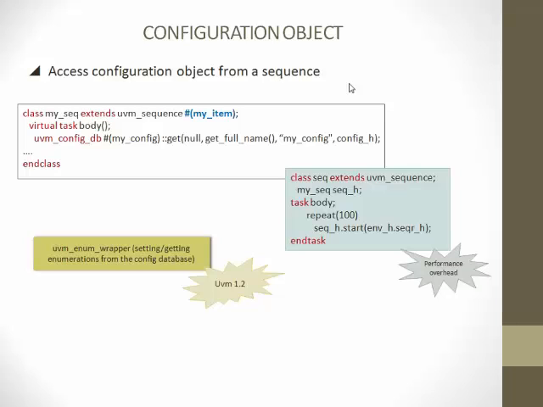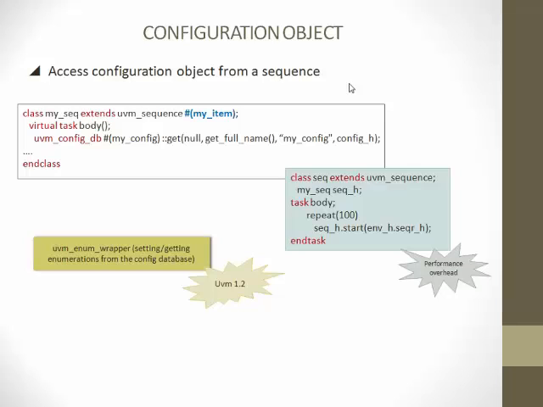So how do we do this? Well, getting this configuration object can be done once at the start of the simulation, and then you can pass that information to the subsequences. You don't have to call it every time, because most of the time the configuration object is only changed during the start of the simulation. Unless you're changing it somewhere in the middle, you need to take care of that.